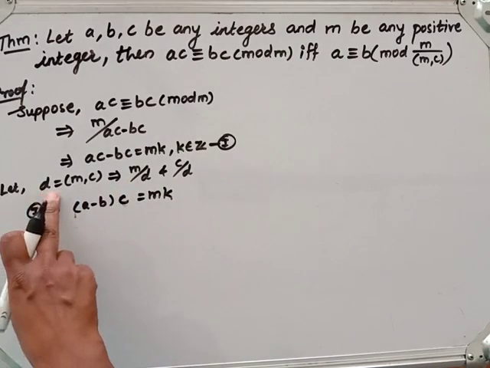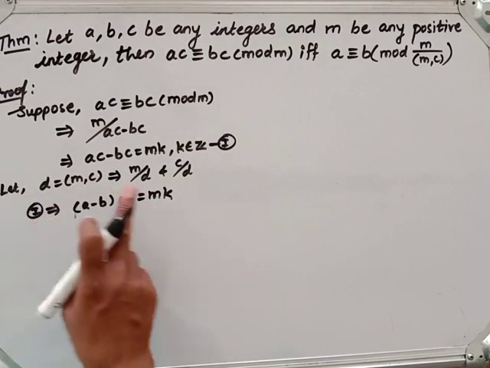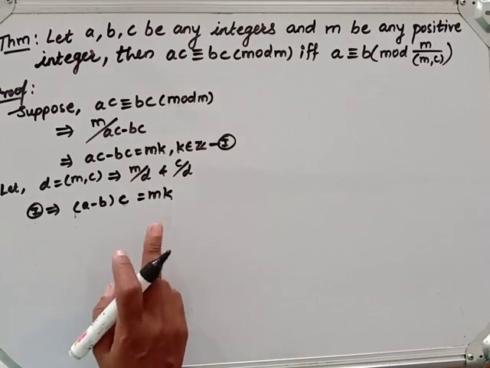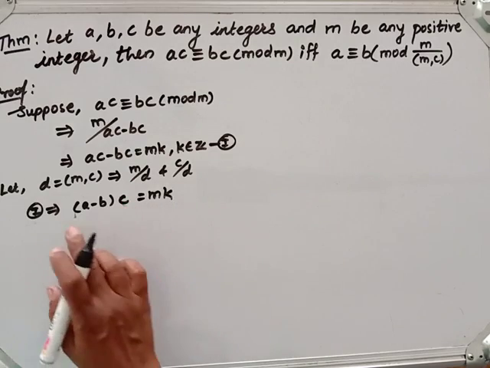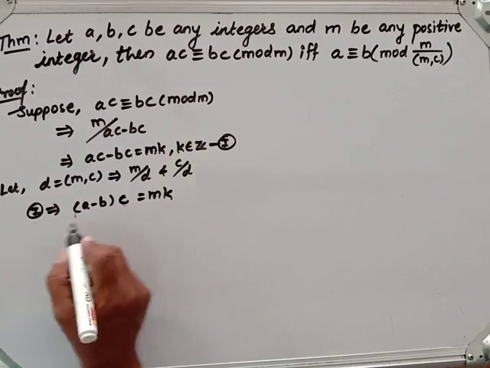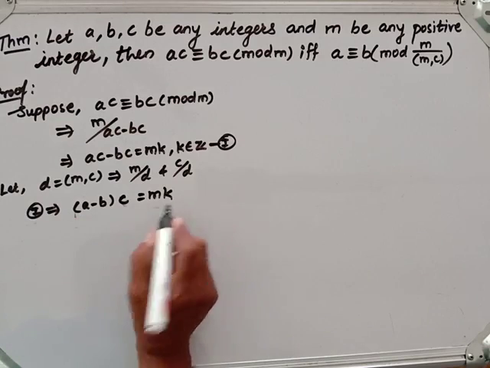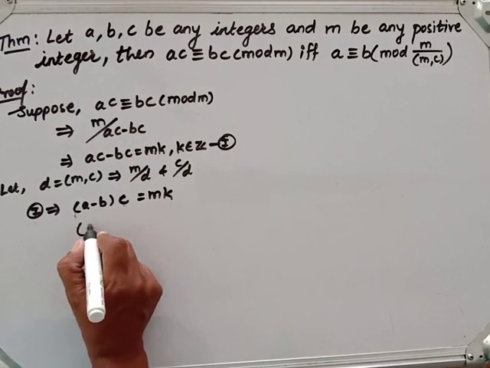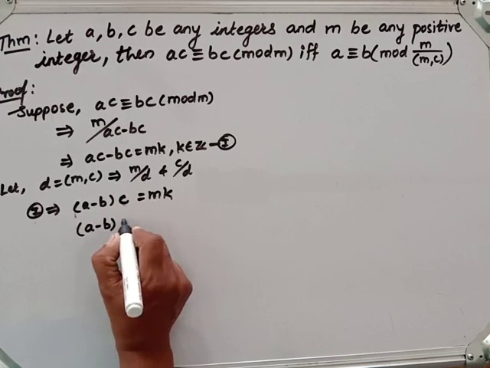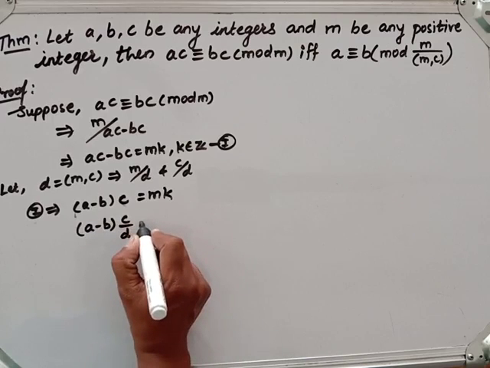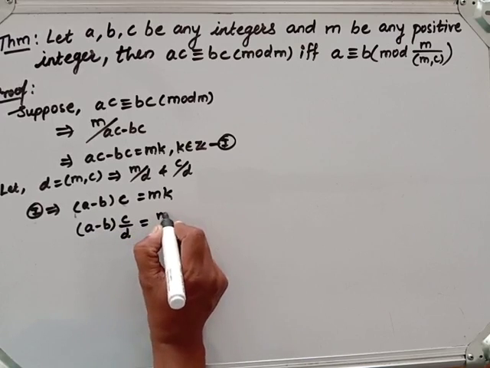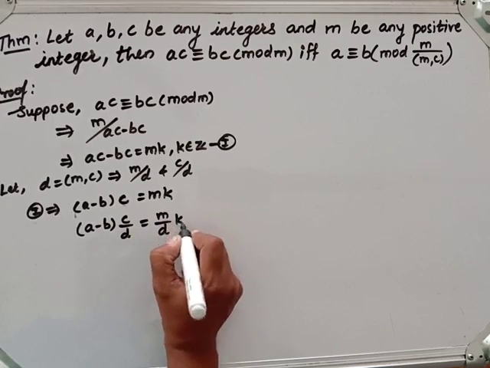Now as d is the GCD, we know it is greater than 0, so it is a non-zero positive integer. So let us divide both sides by d. I get a minus b into c upon d is equal to m upon d into k.